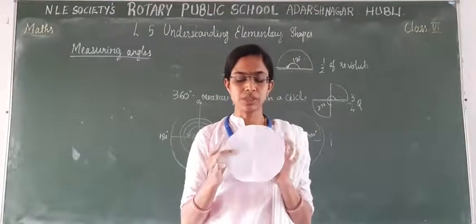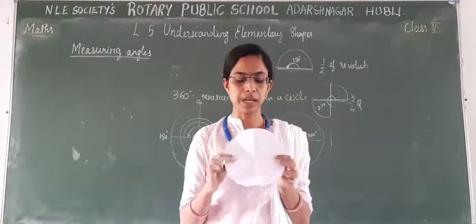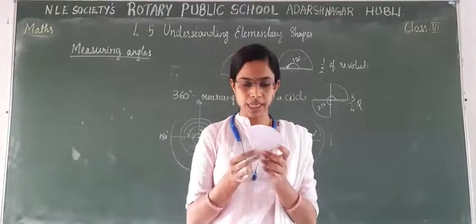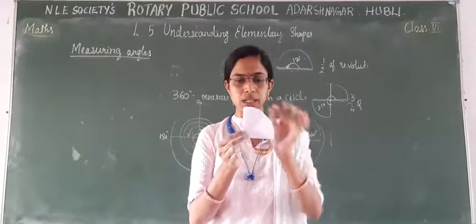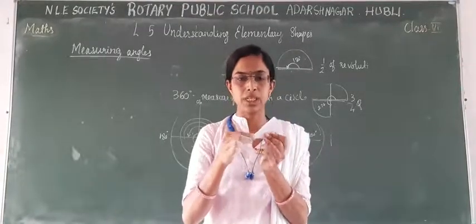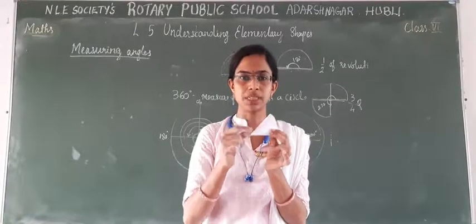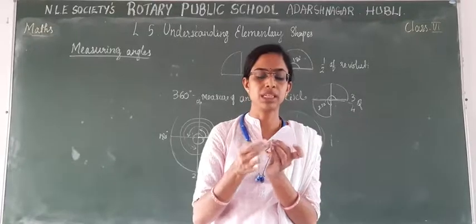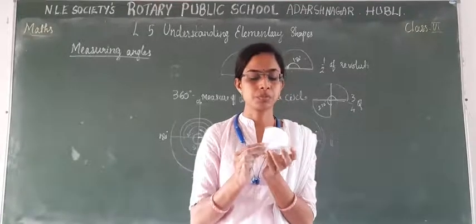See, when you take this circle and fold it like this, each angle measures 90 degrees. When you fold it again, this angle measures half of 90 degrees, which is 45 degrees. 45 degrees, 90 degrees.